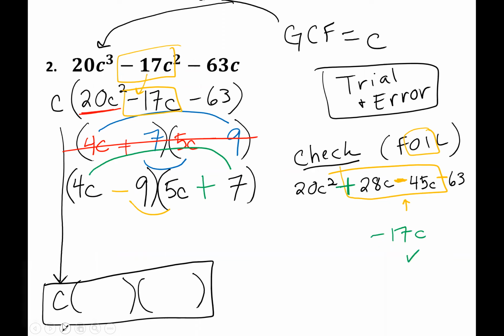All is good. So my final answer, remember that c we brought down as a GCF? Forgot about it by now, so good thing we wrote it already. And then my two factors are going to be 4c minus 9 and 5c plus 7. All right. Very good. Next one.